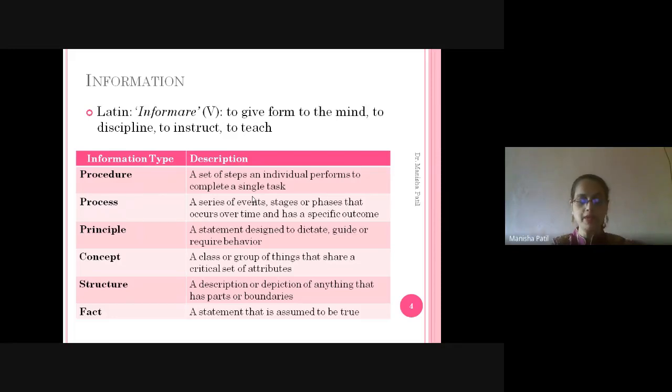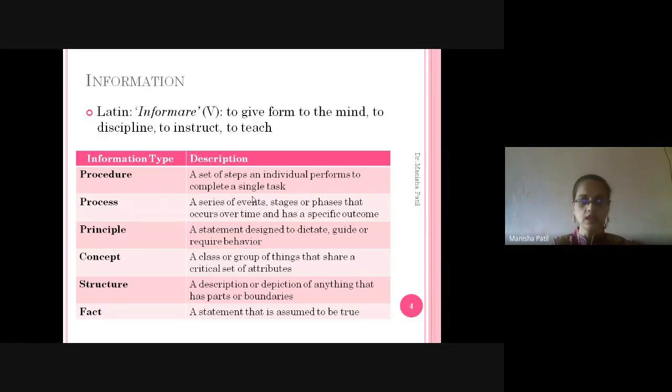Suppose you have to make any particular recipe, what you should do. Step 1, step 2, step 3, it is given in detail. First, you will take the ingredients, its exact measurement and proportion.